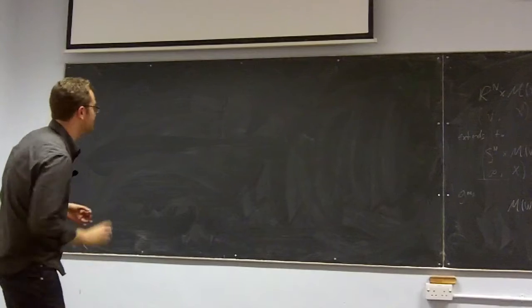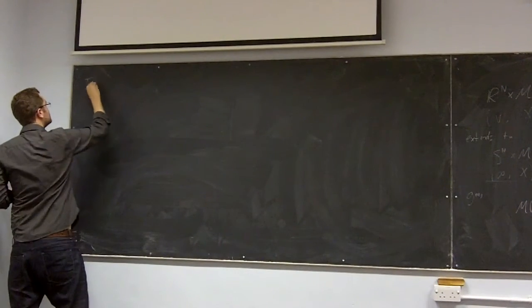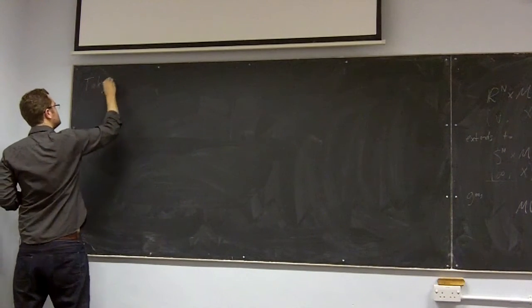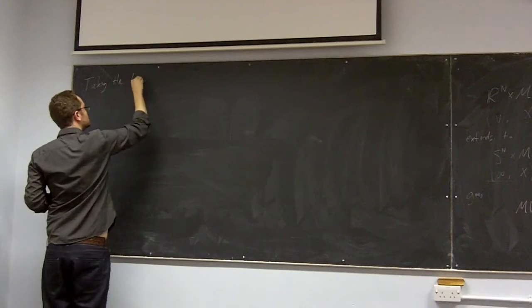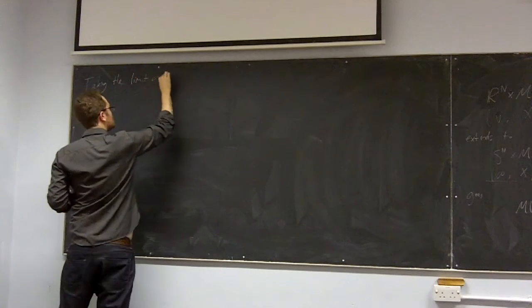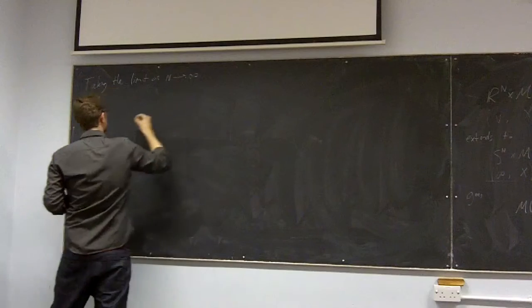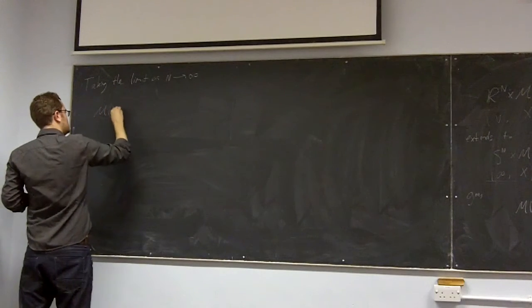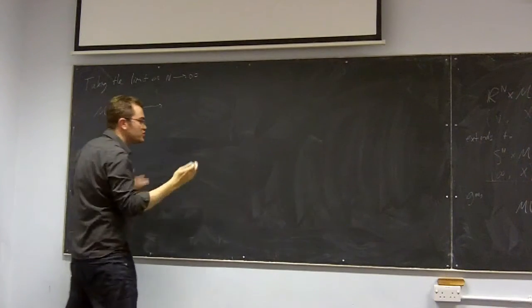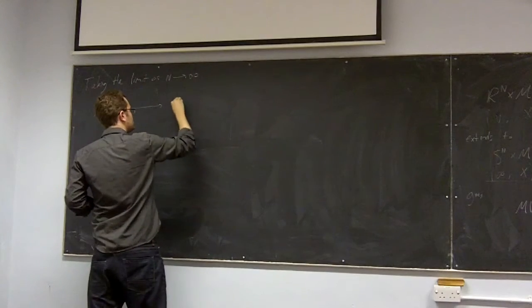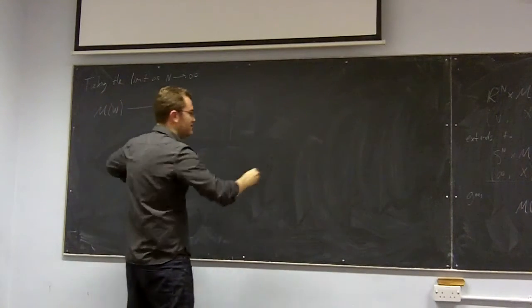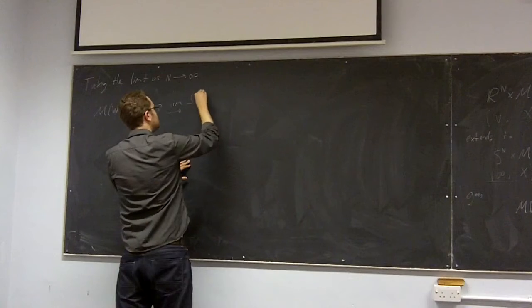So taking limits as n tends to infinity, I get a map from this space to the direct limit of these spaces on the right.